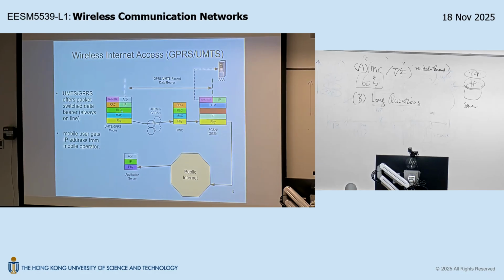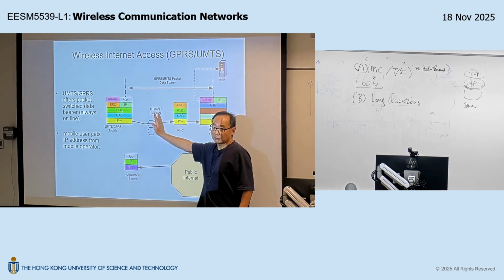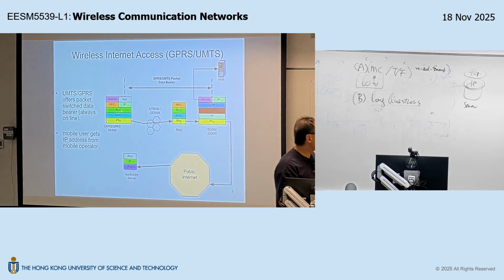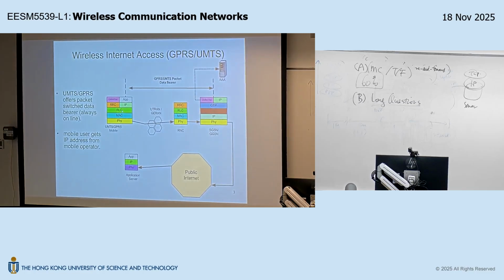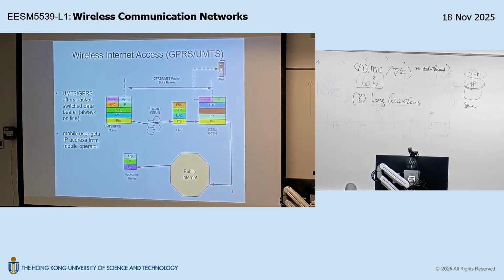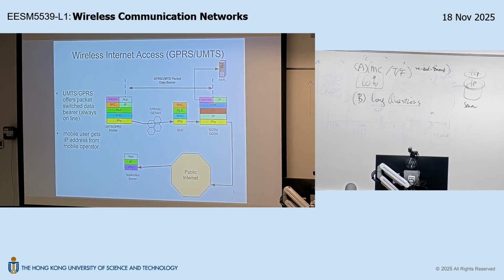If I remove the RLC, don't forget this is a radio interface. The radio interface has a bit error rate of around 10 to the power minus 3, okay? Which is an order of magnitude higher than the fixed line bit error rate. So if you send a TCP packet across a radio interface, it could happen that the packet cannot get to the other side due to transmission error on the radio interface, right?